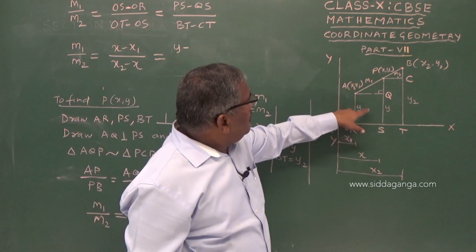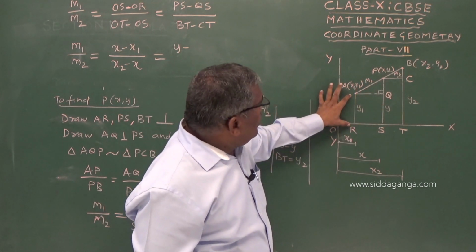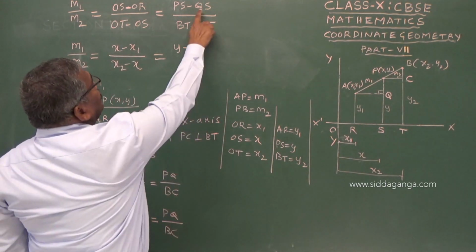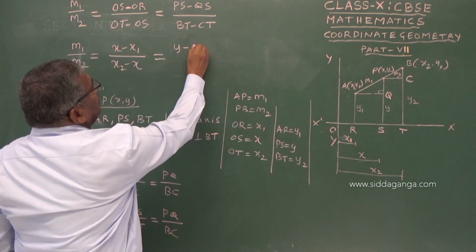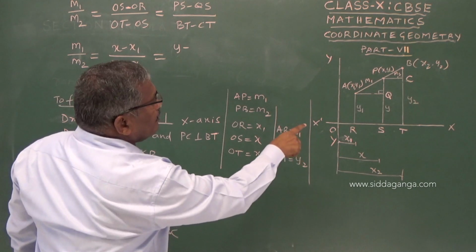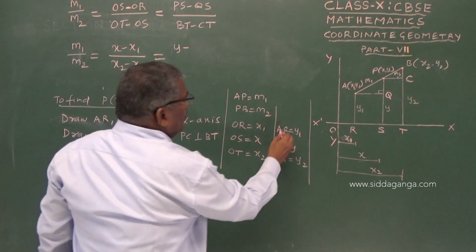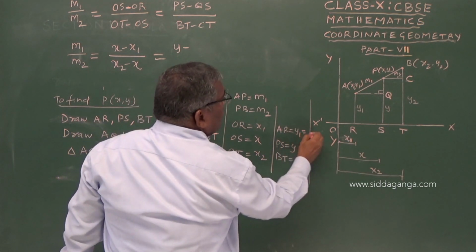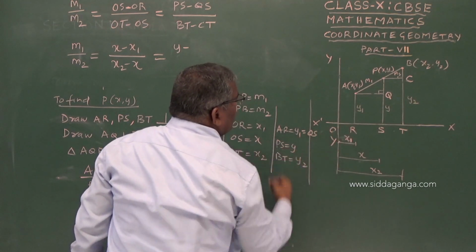QS is the same as AR. Therefore, AR is Y1, so QS is Y1.